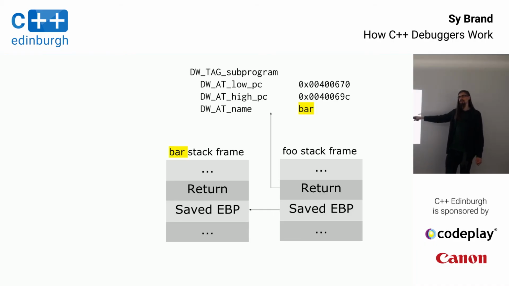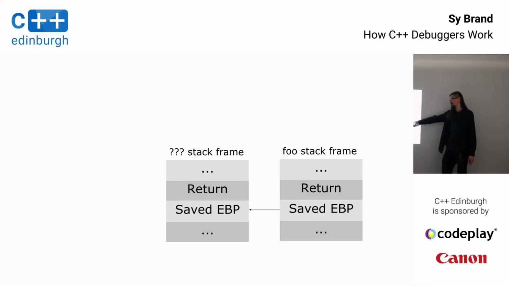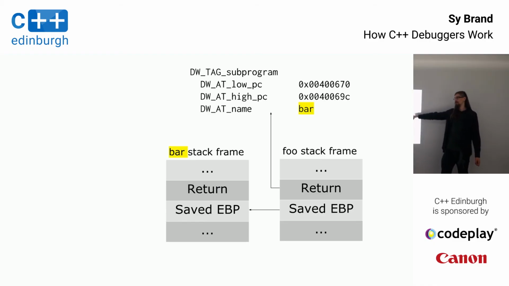And the return address is going to be within some region of code, right? Or we're returning back to some code, presumably. And with that, we can look up between our low PC and our high PC and see that our return address is going to be inside bar. So now we know that from our saved base pointer, we got a stack frame, and from our return address, we got a name.